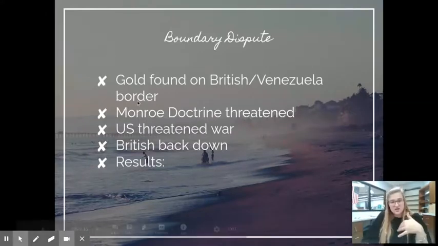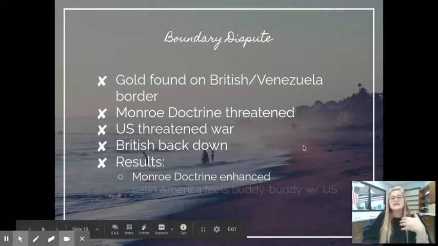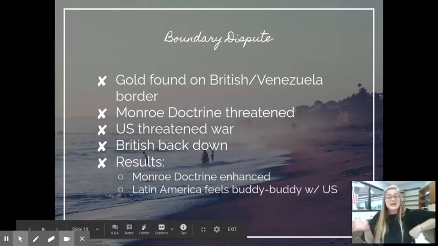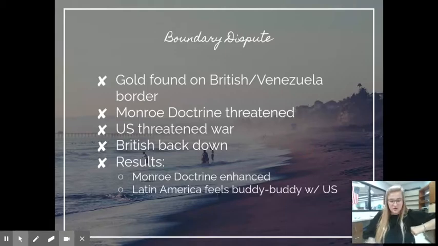So eventually the result of all this is Cleveland, they mediate the issue, the border is drawn, and Great Britain really didn't have that much urge to fight anyway. Their navy was superior, but the issue is dissolved. But what is not dissolved is the idea that the U.S. felt like they won.